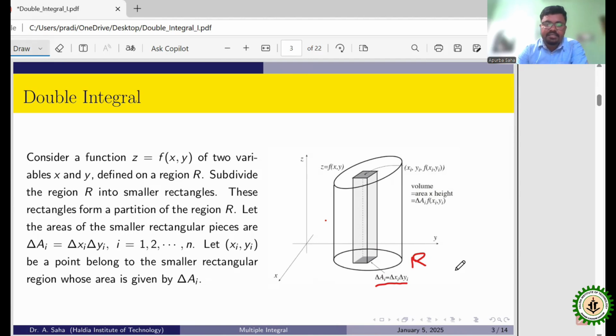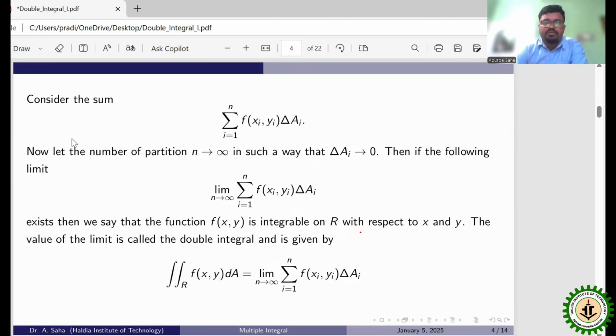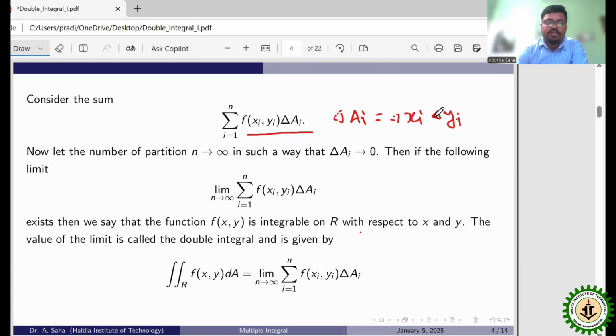And let (xi, yi) be a point belonging to the smaller rectangular region whose area is given by del Ai. Now, similar to the above, we consider the sum i equals 1 to n f(xi, yi) del Ai, where del Ai equals del xi into del yi.